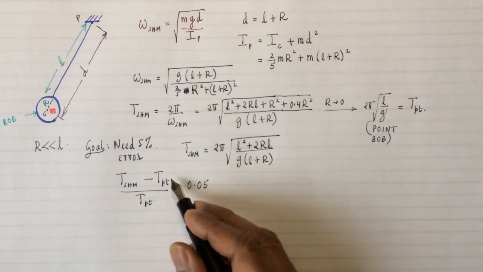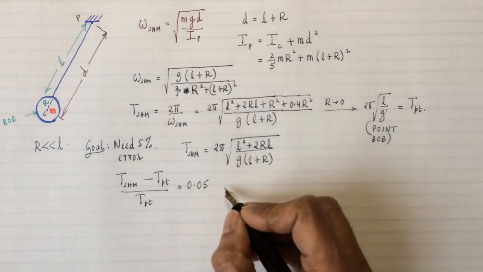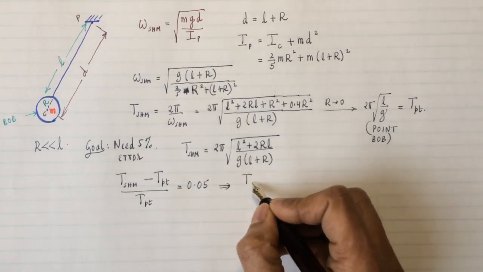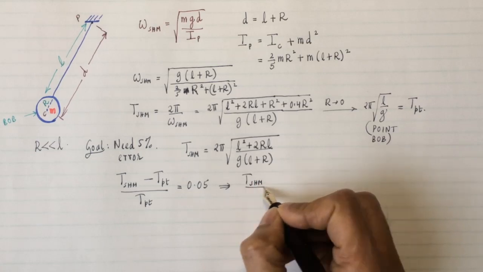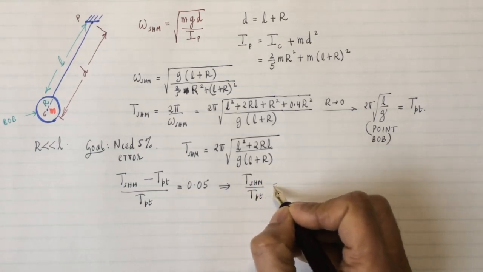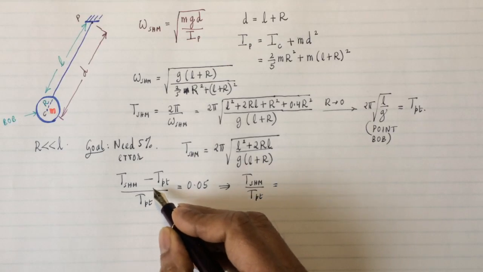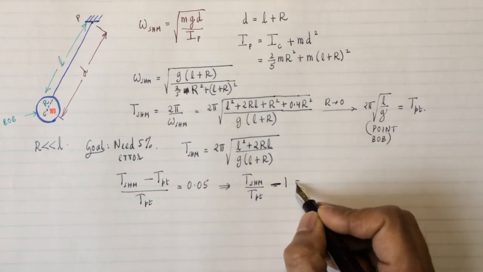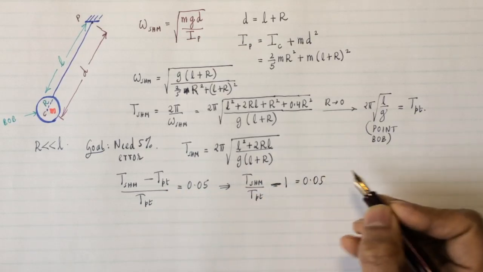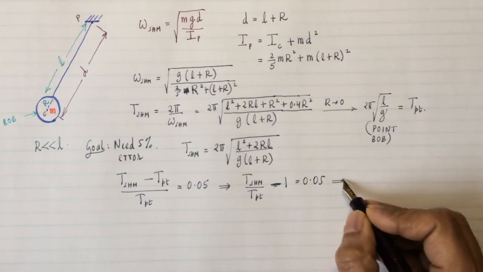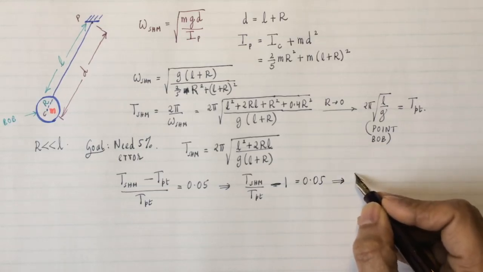So T point over T point is 1. What I'm going to write this as is the following: T simple harmonic over T point minus 1 equals 0.05, and then I transfer the minus 1 to the other side, so it becomes a plus 1.